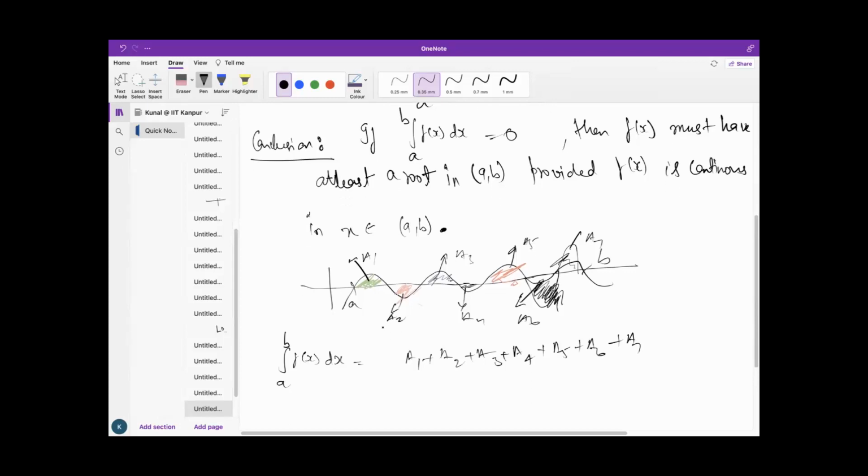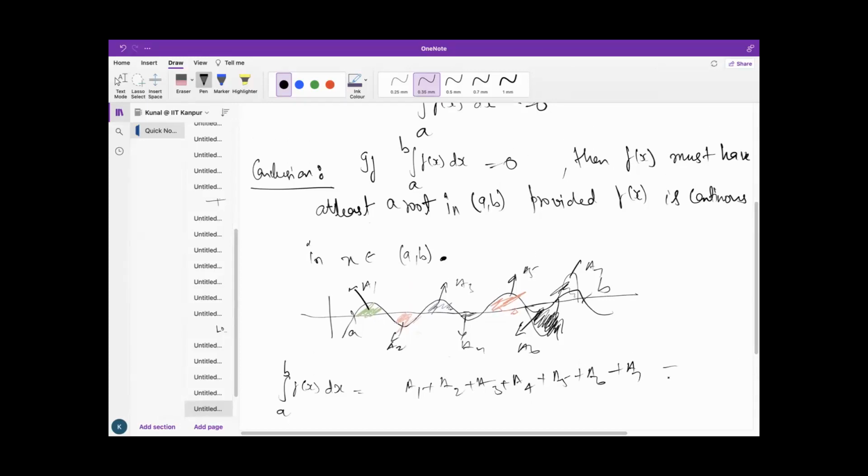And if somehow it is equal to 0, like the net sum of this will be 0, what we can say is there is a C which belongs to A to B such that f(C) value is 0. Let me write here, there is minus, there is plus, there is minus, there is plus, there is minus.